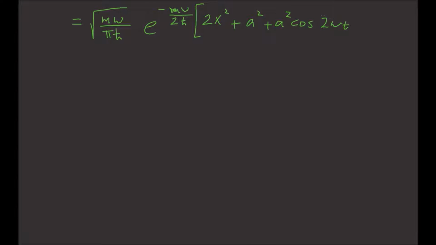Just bear with me, if you don't know where this cosine came from, that's fine, minus 4ax times cosine of omega t.